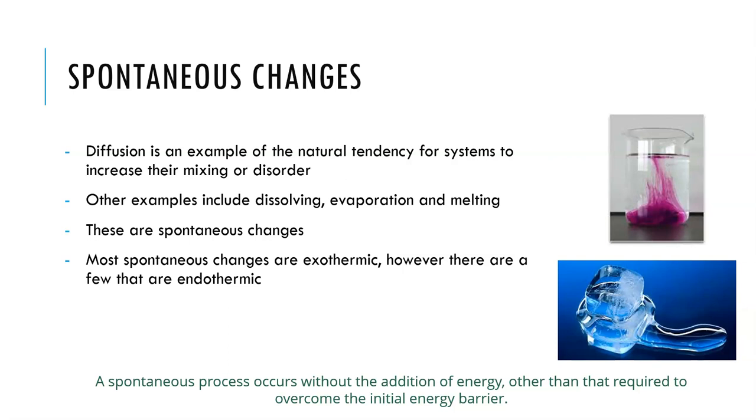Most of these changes tend to be exothermic, however a couple are endothermic, these being things like evaporation, dissolving and melting. These phase changes are actually all endothermic as we go from a lower ordered arrangement in the physical state to a higher energy level of disorder.